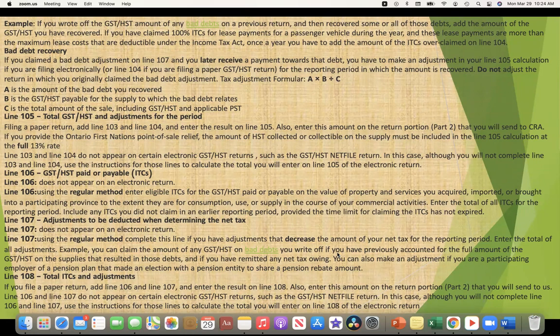And if you have to claim 100% of the ITC for lease payments for a passenger vehicle, where these lease payments are more than the maximum lease cost.